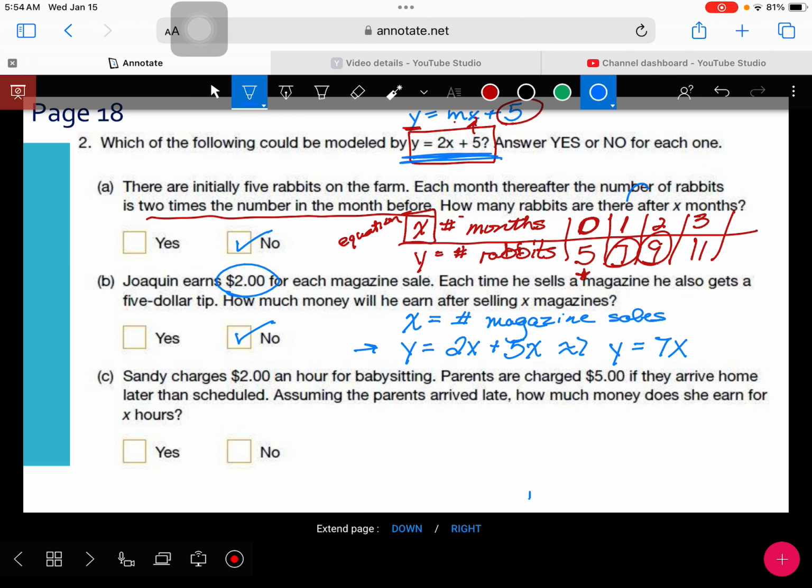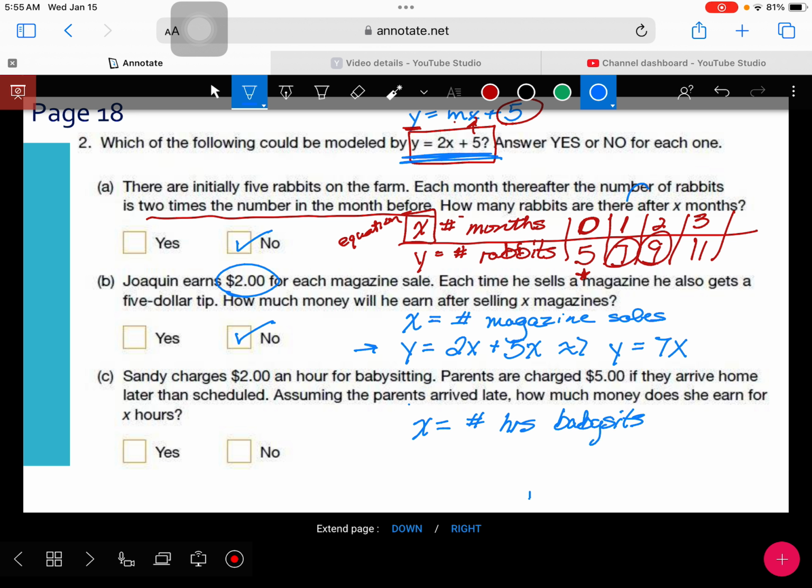All right, letter C. Sandy charges $2 an hour for babysitting. Parents are then charged $5 if they arrive home later than scheduled. Assuming that the parents arrive late, how much money does she earn for X number of hours? Okay. So $2 an hour, X is equal to the number of hours that she babysits.